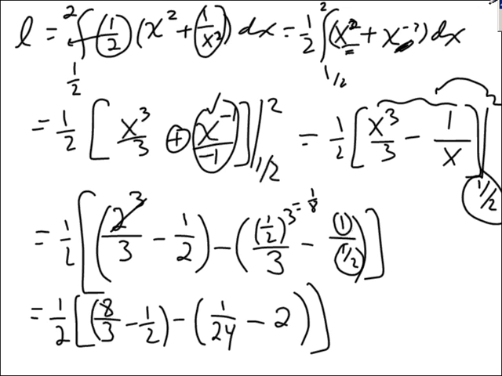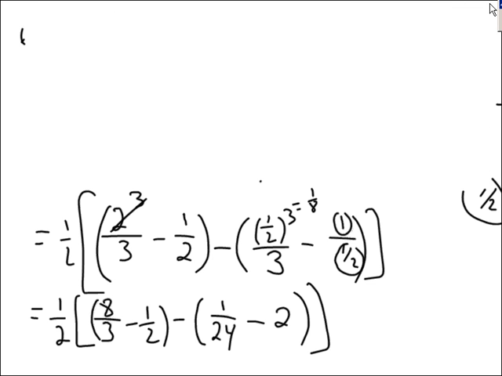Okay, and there it is. We're down to arithmetic now. The common denominator is 24. Let's go to the top, finish this up. The half stays out in front. 1/2.